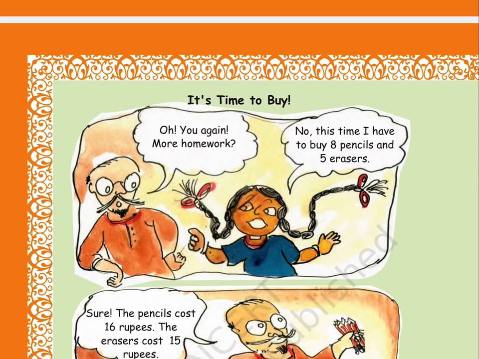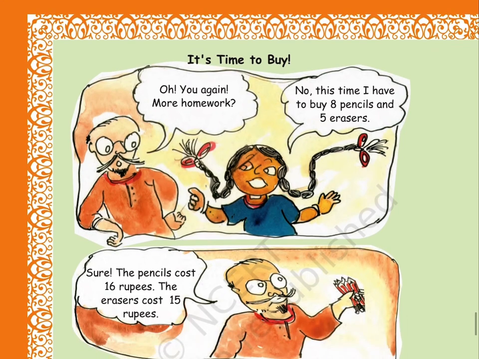Picture 1 shows an annoyed shopkeeper and the girl who is looking happy. The shopkeeper is saying, "Oh, you again? More homework?" The girl responds, "No, this time I have to buy 8 pencils and 5 erasers."